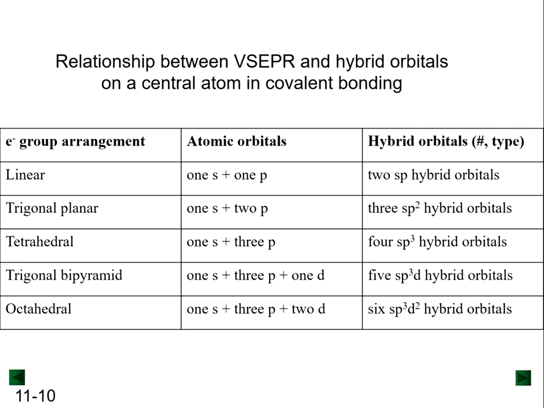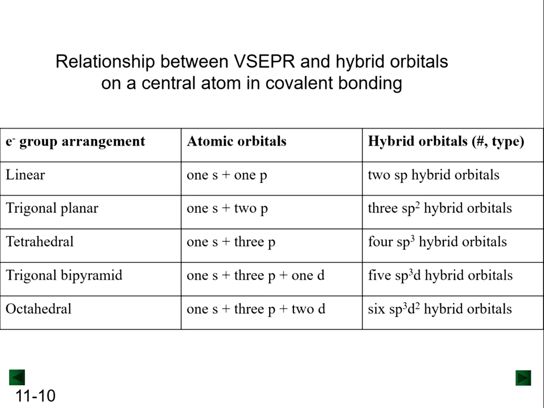Next up, we have the atomic orbitals that are involved in these types of electron group arrangements. So for any arrangement, the number of orbitals will be associated with the number of electron groups in the electron group arrangement. So for a linear system, we have two electron groups. Therefore, we have one s and one p.